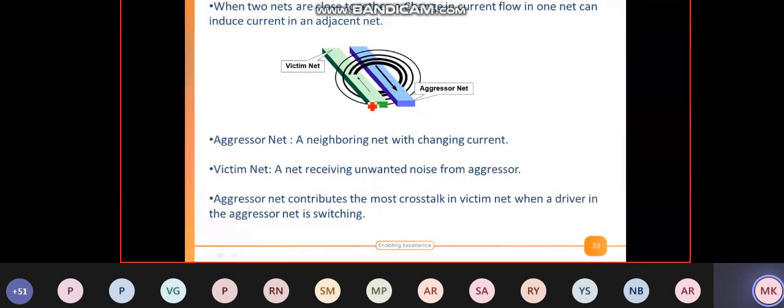Say I have signal 1 and signal 2. When transmission line 1 drives signal 1, it will induce some amount of energy in the form of a magnetic field. It will also create an electric field. These two fields will start coupling energy to the victim net.